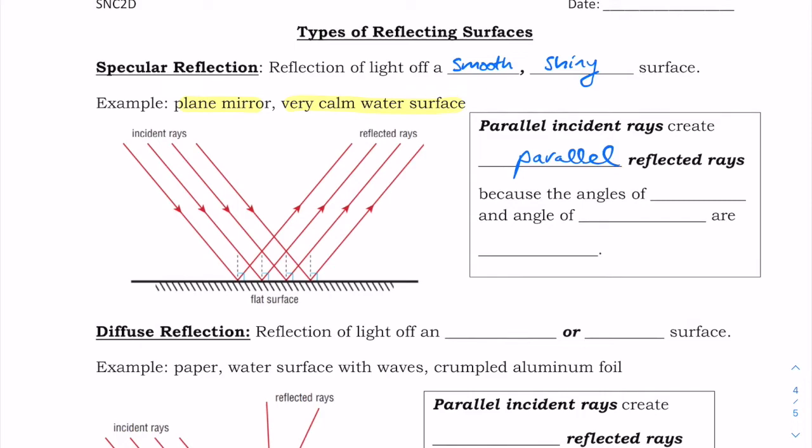And that's because all of the angles of incidence and all of the angles of reflection are equal. And this is what allows you to form perfect images. So when you see a perfect image of yourself in the mirror, that's due to specular reflection.